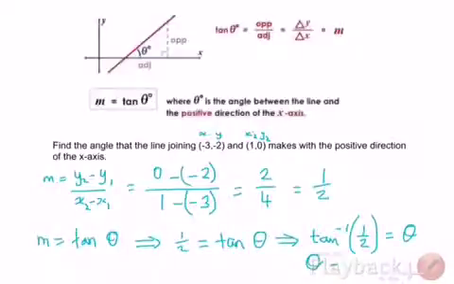When I plug that into my calculator, I get theta is equal to 26.6 degrees, correct to 1 decimal place. Okay, so these are the kind of questions that you're going to have to answer using your skills and applying them.